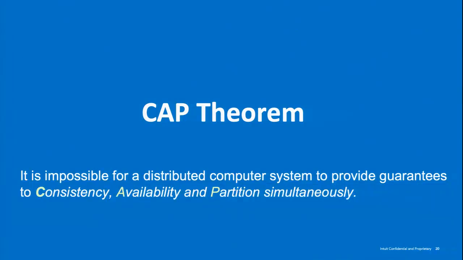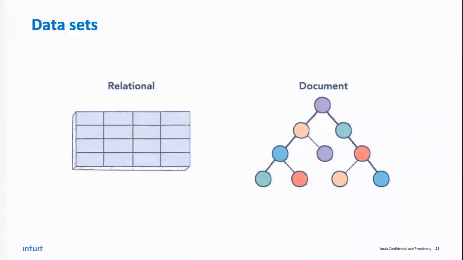So for example, let's say you have a relational database and a NoSQL database. Do you guys know about the difference between a relational database and a NoSQL database? Okay.